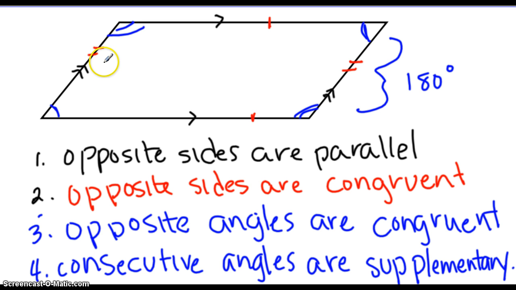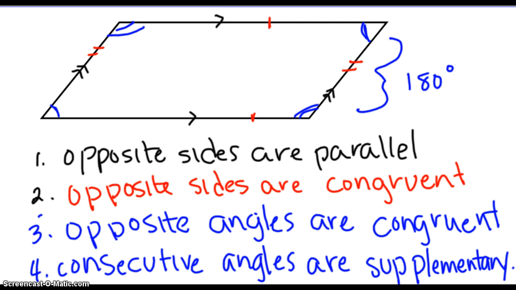Number 3, which is both pairs of opposite angles are congruent. And then go down to number 5, which says consecutive angles, whether it's here, whether it's these two, or it's those two, or these two, any two consecutive angles are always supplementary.